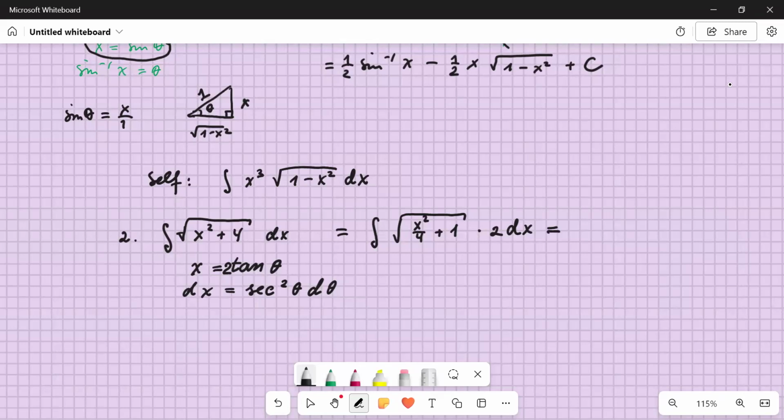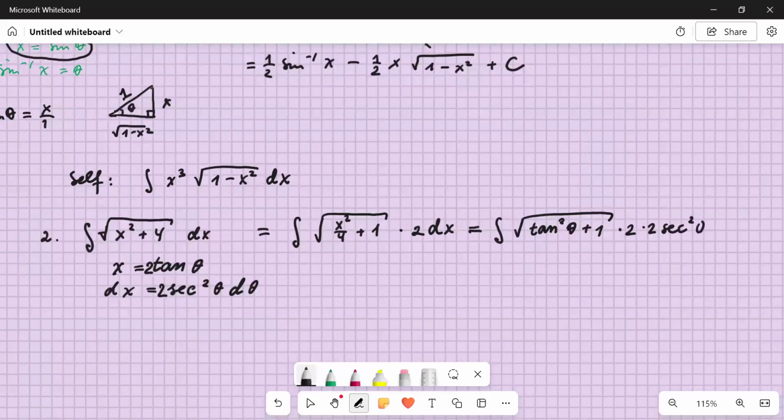By the way, because I added 2 over here, I'll need to add 2 over here too, just because my substitution is not just tangent, but 2 tangent. Let's see how it's going to look. So now I have tangent squared of theta plus 1 and 2, and I'm going to copy dx.